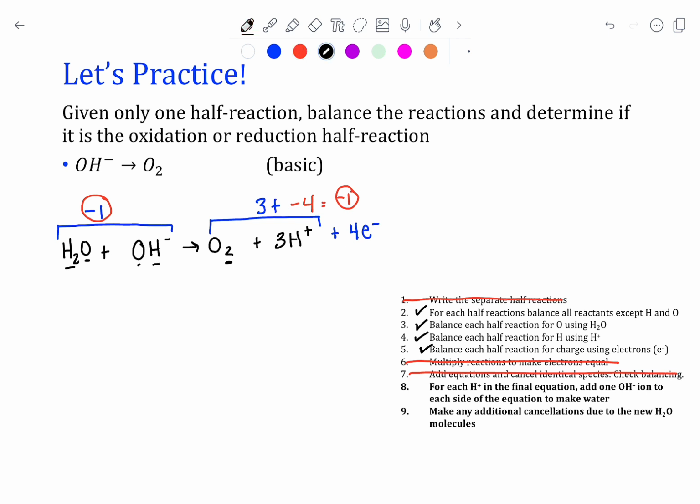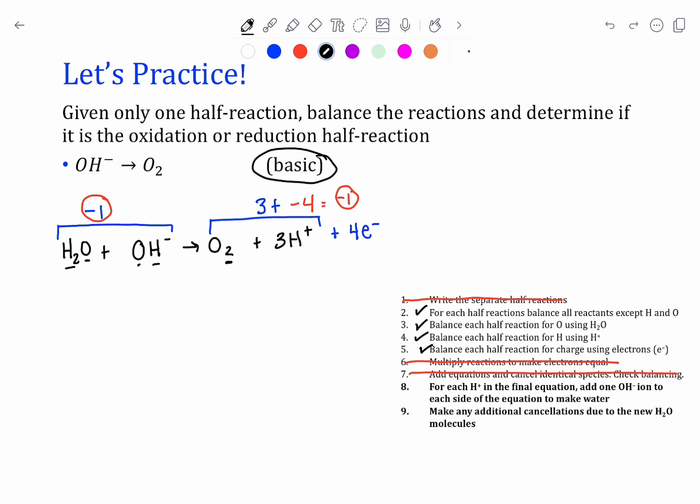Now, in our previous examples, this is where we would stop. But because this is a basic solution, we have to do our 2 extra steps. So we can see here that we have 3 H+, and again, H+ means acidic, but we know this solution is basic. So essentially what we have to do is make water in order to show that this reaction is basic.